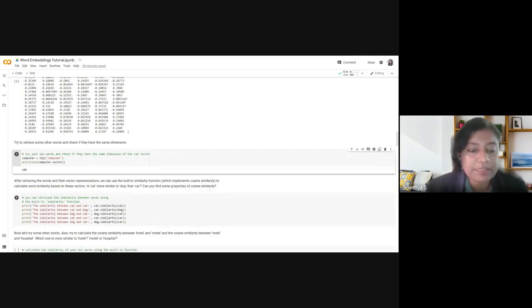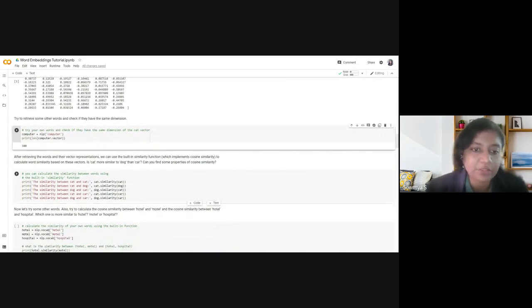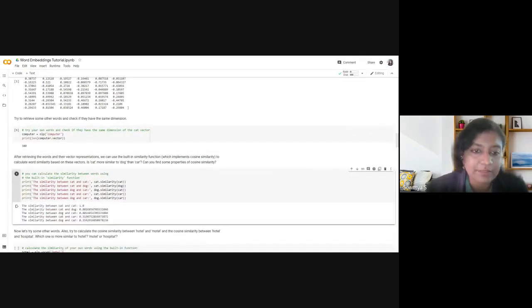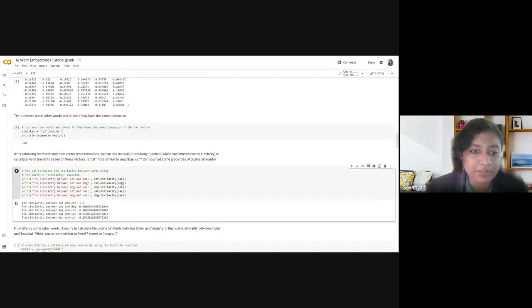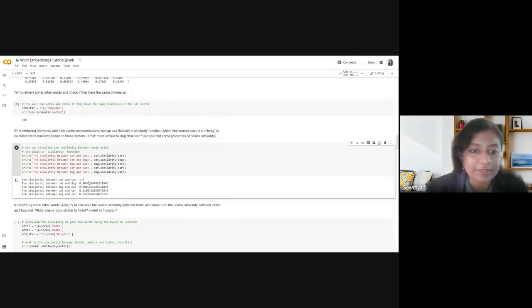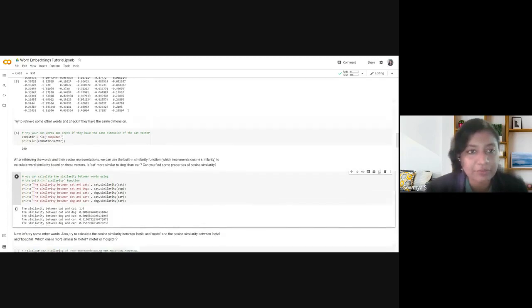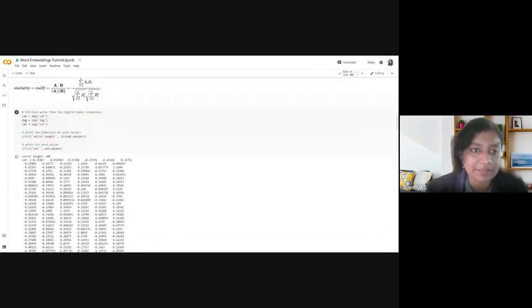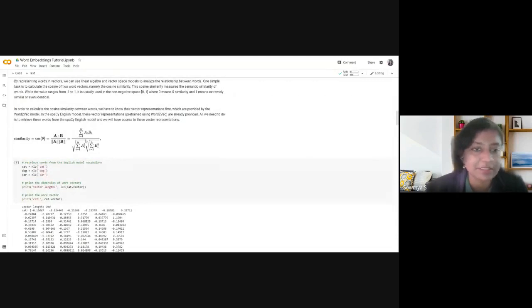Now, there is an inbuilt function in Spacey to measure the similarity, and it's just word dot similarity and other words. You can say cat and cat is one, cat and dog is highly similar. Dog and cat is same as cat and dog because we know cosine similarity function is just multiplication.